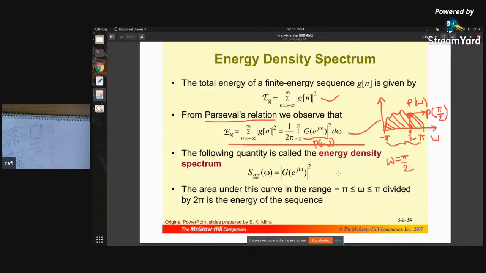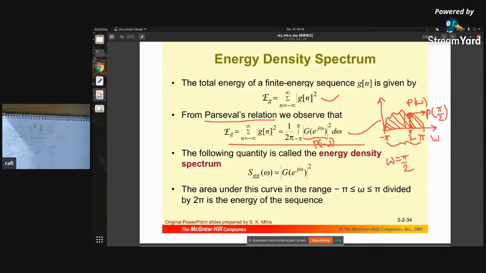So we call that the contribution per frequency. Likewise we have pi by 3, pi by 6, 0.1 pi, 0.2 pi, 0.3, 0.007 pi, whatever it is. For every frequency you have some contribution.